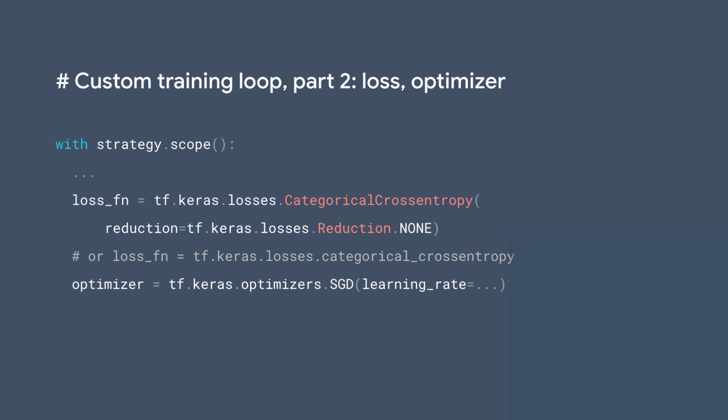So for now, we've switched to requiring users to explicitly specify a none reduction and do the reduction as part of a later step that you'll see in a future slide. Or alternatively, you can just use any tensor-to-tensor function directly. In addition, optimizers have been made distribute aware. I'll talk about that in detail later.